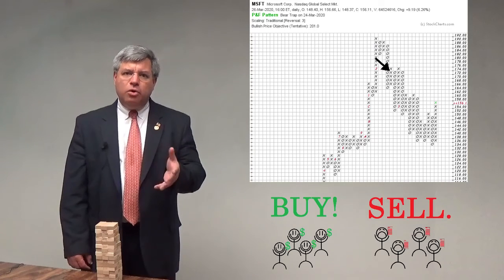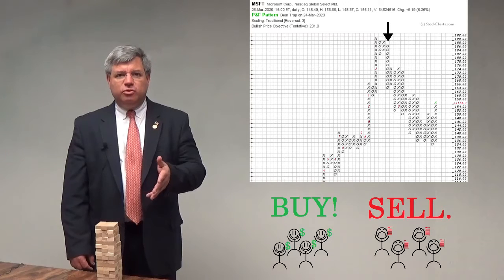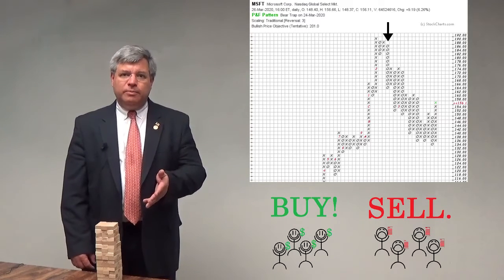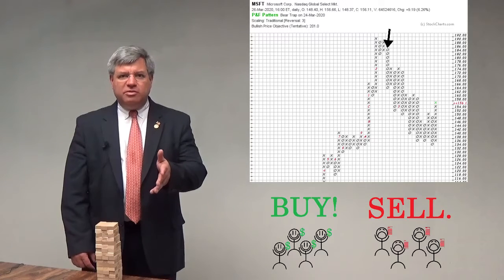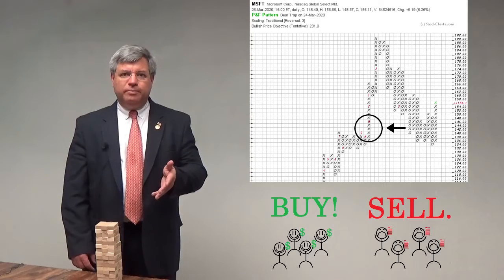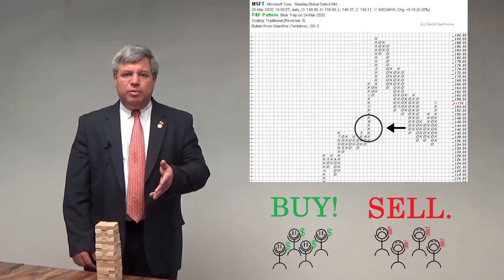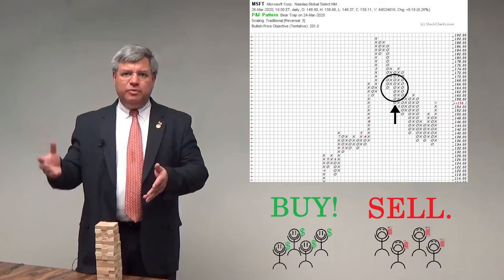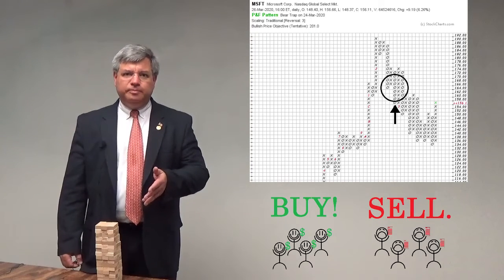A column of O's represents that prices are generally going down and there are more sellers than buyers. Now, when a column of X's exceeds the previous column of X's, it's called a buy signal. And when a column of O's drops below the previous column of O's, then it's called a sell signal.